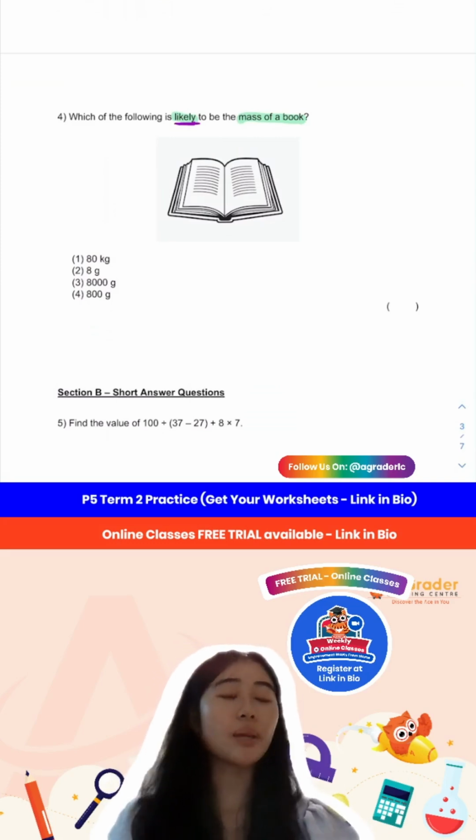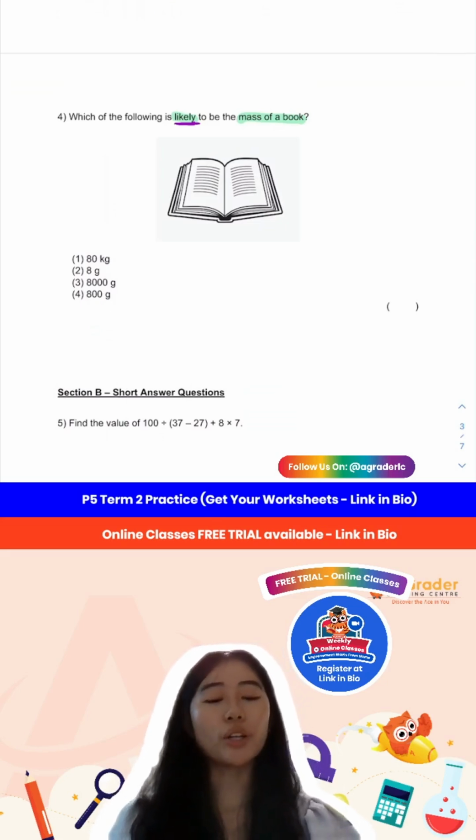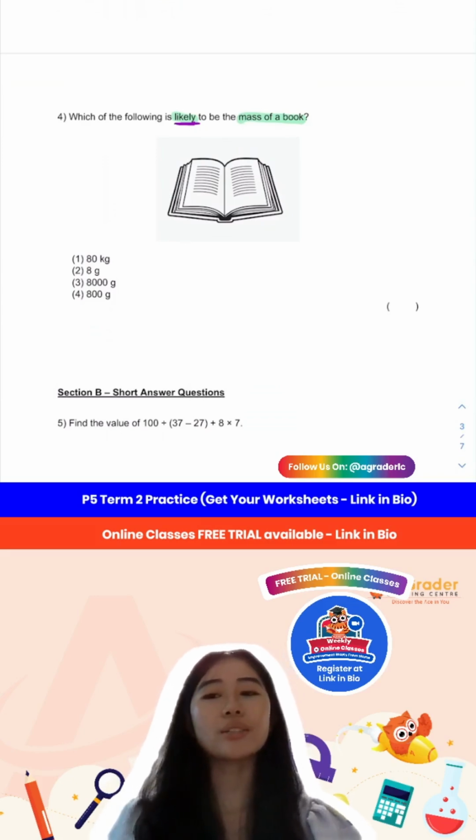So you estimate. Which is the best estimate for the mass of a normal book? Right, so it's not referring to any specific book. It's just asking you about an average normal book. Which one is the most likely?